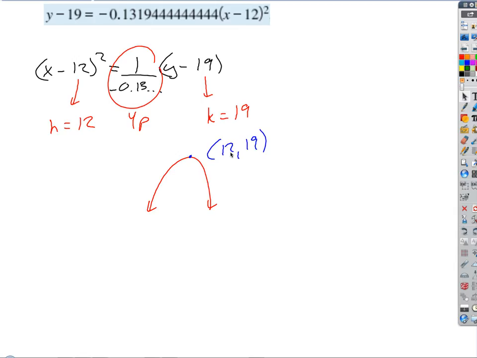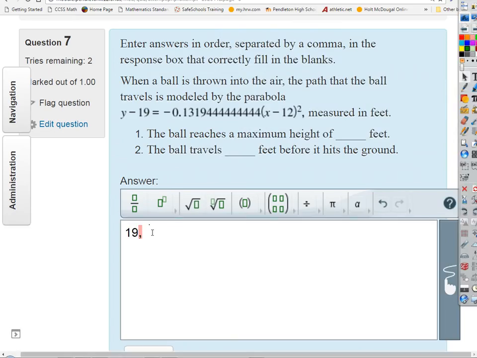And so that means it's going to have to travel twice that far to get back to the ground. So it's going to travel 12 feet to get to the vertex and an additional 12 feet to get back to the ground. And so because the x coordinate is 12, the answer to part 2 would be 24.